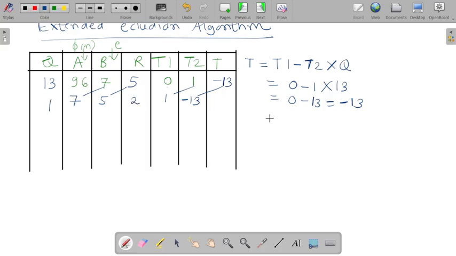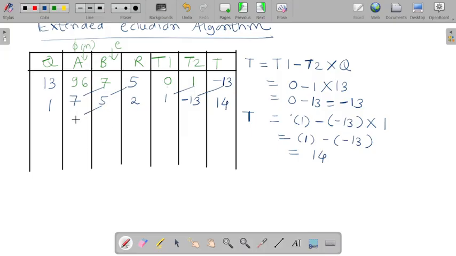Then we solve T1 minus T2 into quotient, which is 1 minus (minus 13) into 1. So 1 plus 13 gives 14. I am putting this value here, 14.